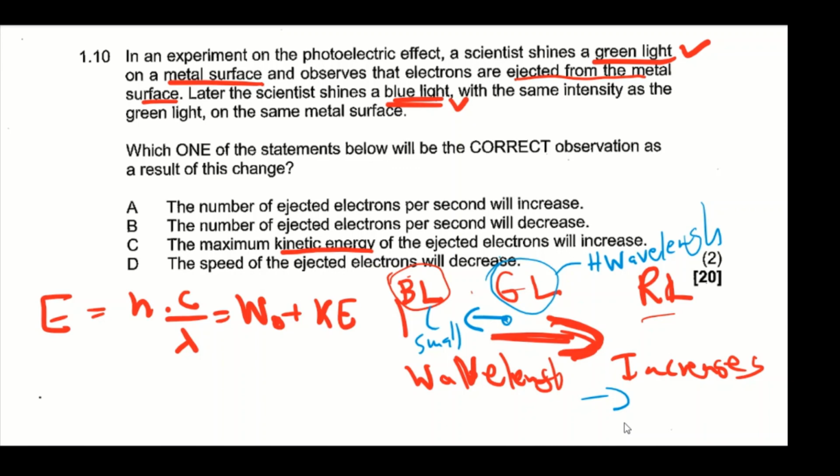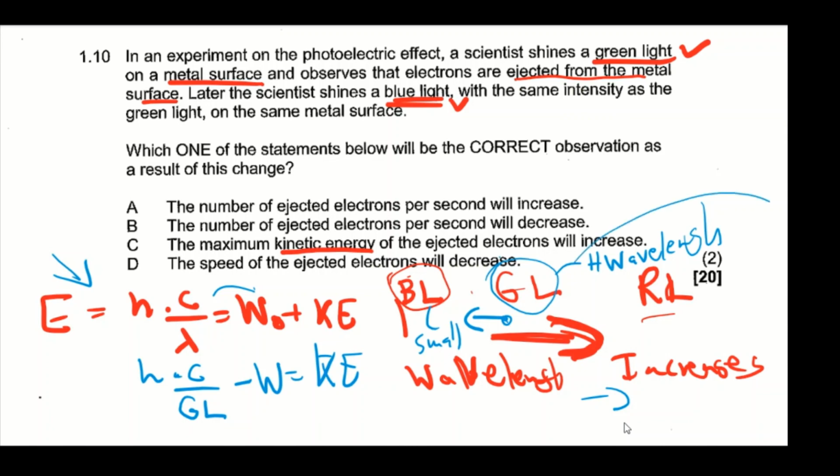So now if you go to this formula that I just indicated, it's going to be h multiplied by c over lambda, starting from the green light. Then I transpose this W to the other side, so h c over lambda minus W is equal to kinetic energy, right? So the kinetic energy of the green light is going to be smaller. Why? Because it has a higher wavelength compared to the blue one.